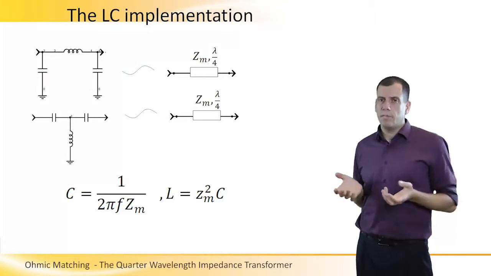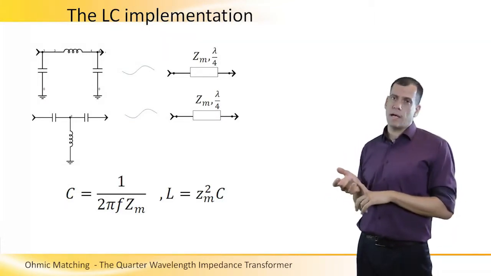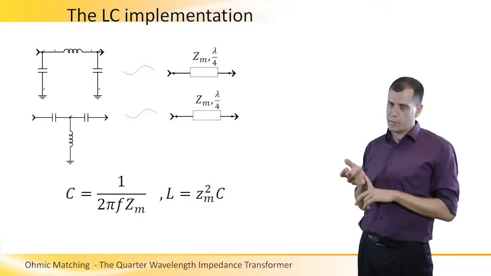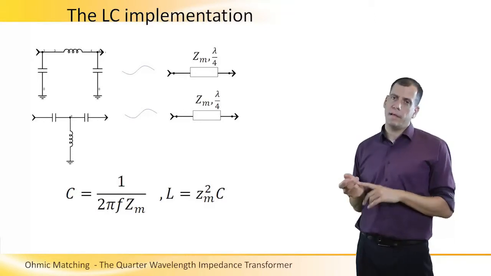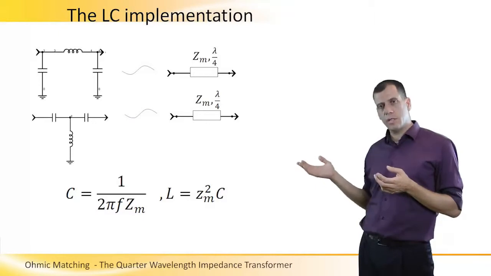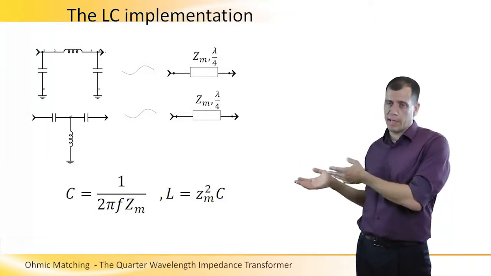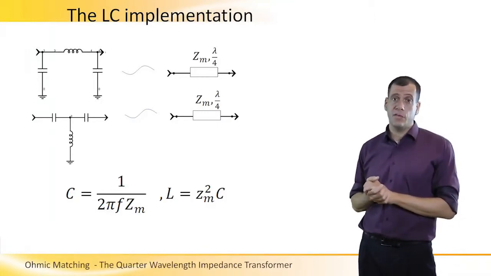What do I mean by act like the quarter wavelength? First, it has to act the same only at the frequency that we need it to act. Second, we want it to have the effect of the matching impedance that the quarter wavelength has. And the third thing is that we want it to have a 90 degrees delay.